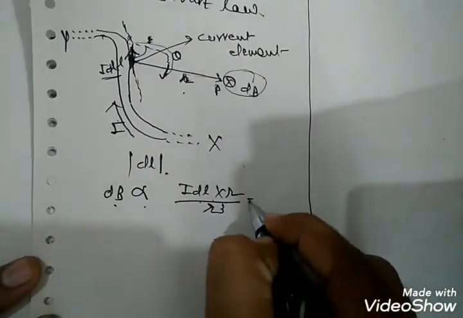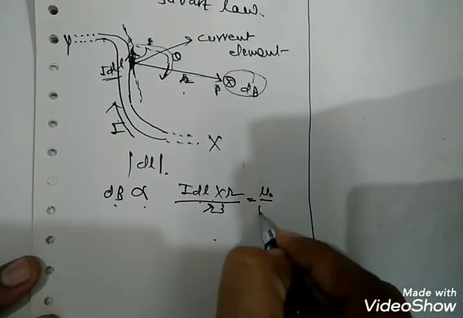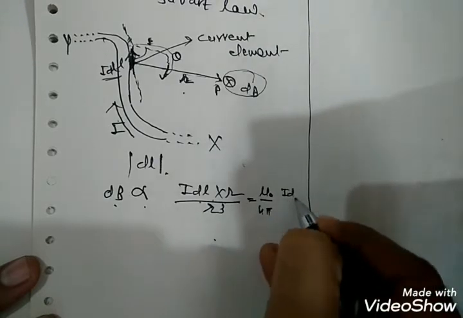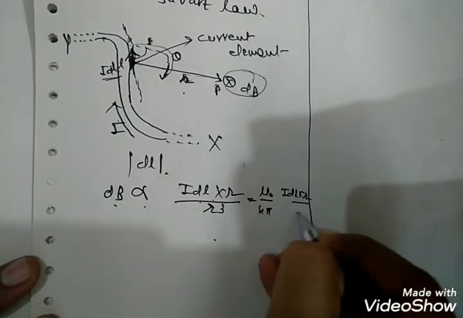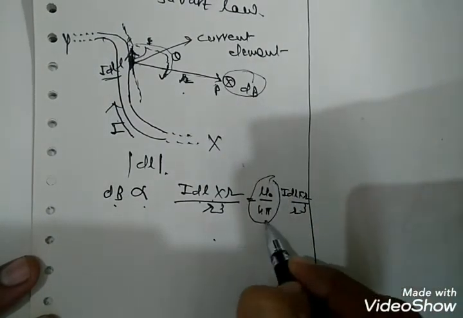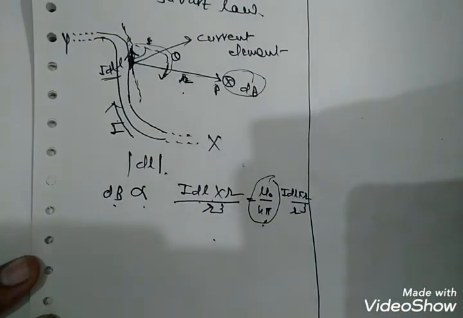So dB is equal to mu 0 upon 4 pi, I dl cross r upon r cube. Here mu 0 upon 4 pi is the constant of proportionality.